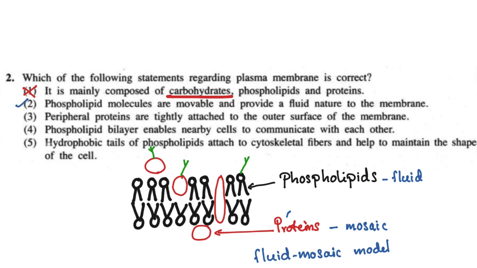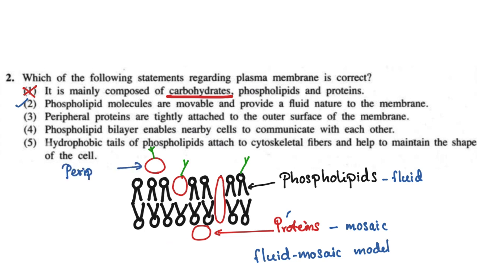Then number 3: peripheral proteins are tightly attached to the outer surface of the membrane. Peripheral proteins are the ones that lie on the outer layers of the membrane.